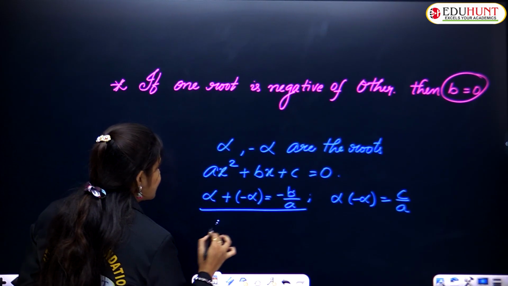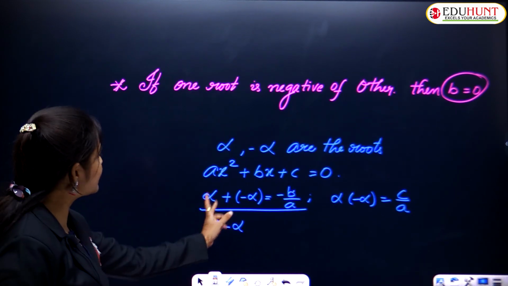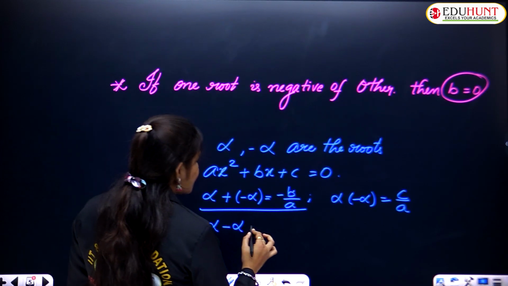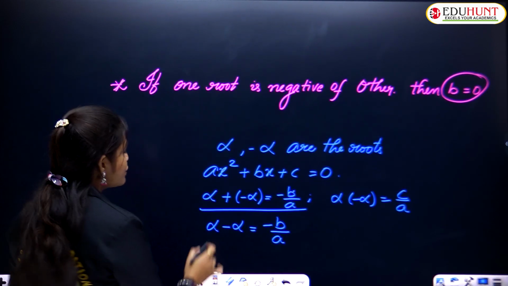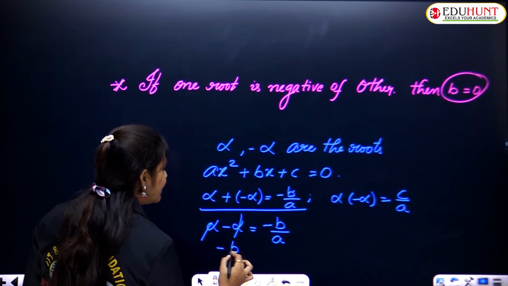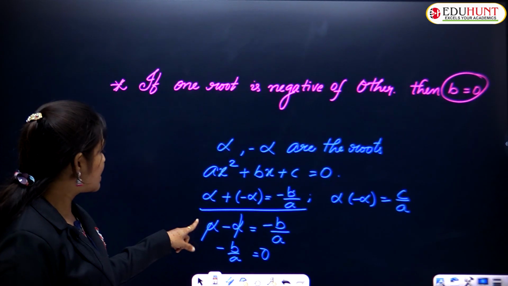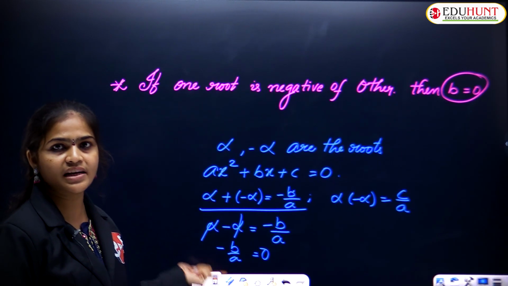So alpha plus minus alpha is equal to minus b by a. Clear? Alpha and minus alpha get cancelled, so minus b by a is equal to 0. For example, 1 and minus 1 are the roots, so plus 1 and minus 1 get cancelled, that is 0.